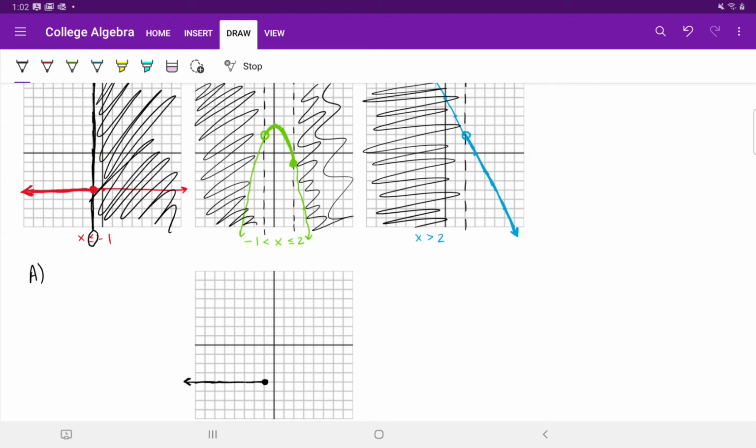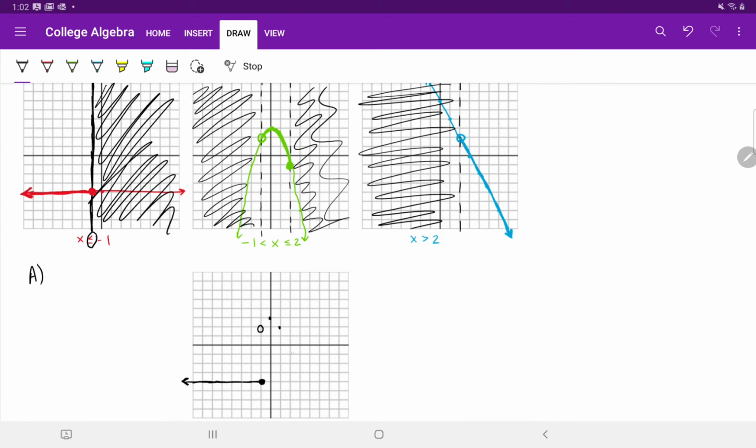Next, we have just a piece of a parabola that starts at -1, 2 with an open circle. It goes through the point 0, 3, goes through the point 2, 1, and then it stops at 2, -1 with a solid circle. So that looks something like this.